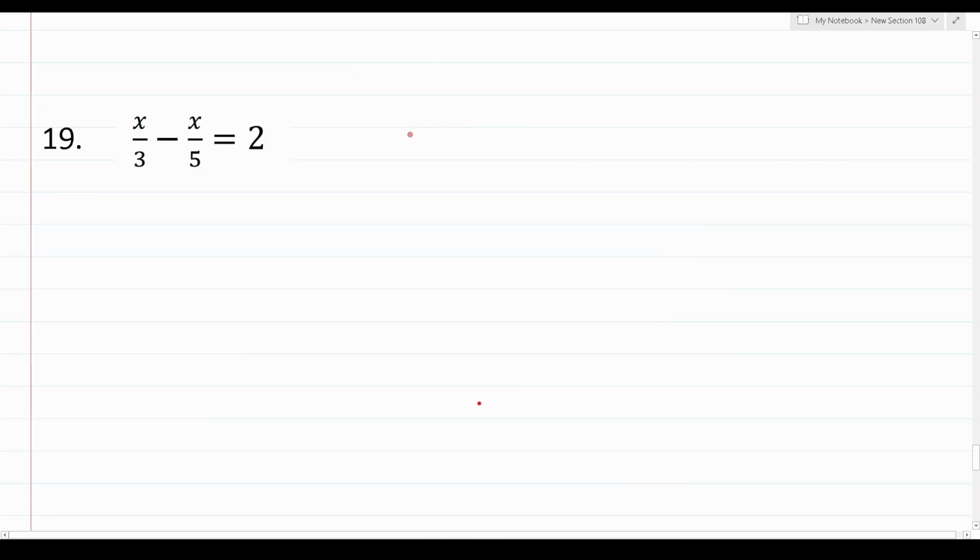All right, we got 2 more to go. And as we can see, number 19 here says x over 3 minus x over 5 equals 2. So let's copy this one down. We have x over 3 minus x over 5 equaling 2.